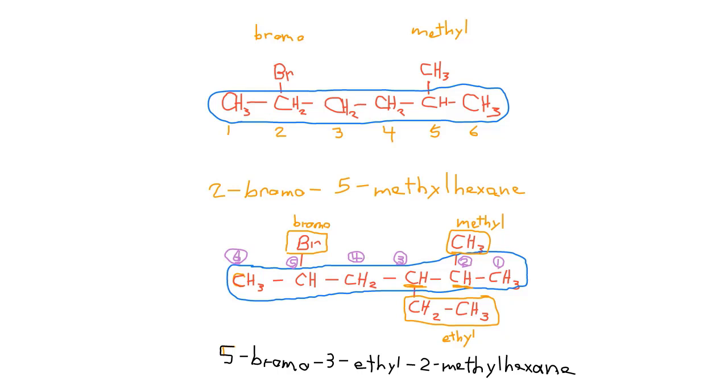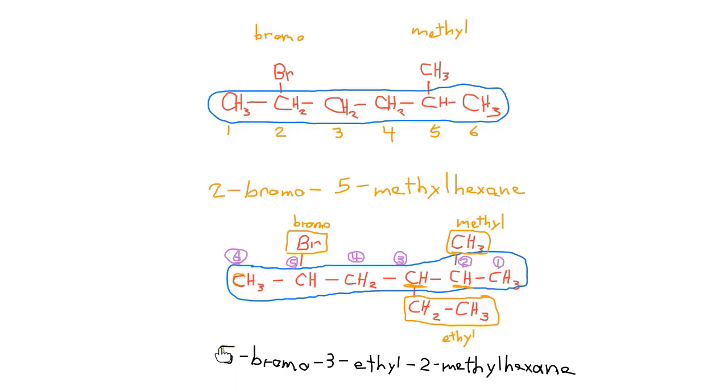The alphabetical order of the substituents is B, E, M. So bromo comes first, then ethyl, then methyl.